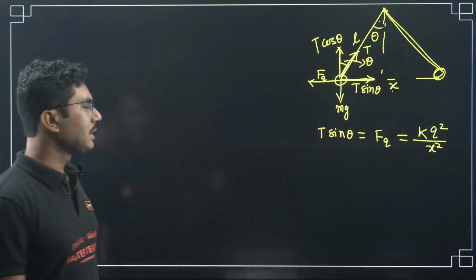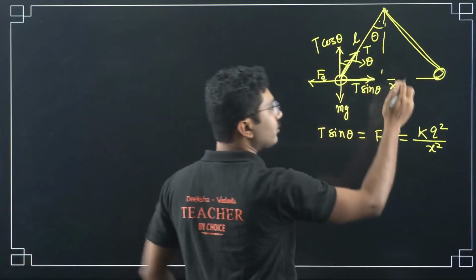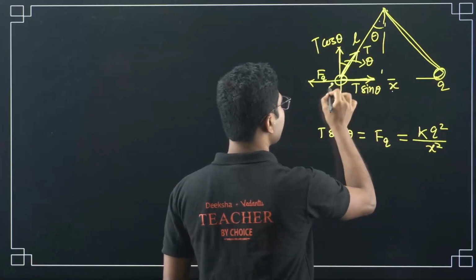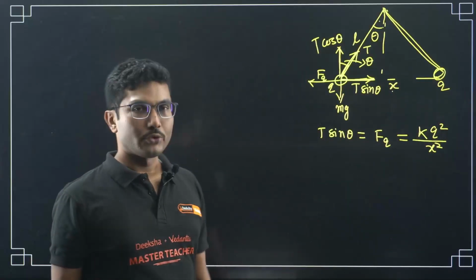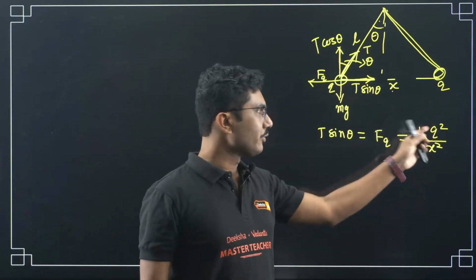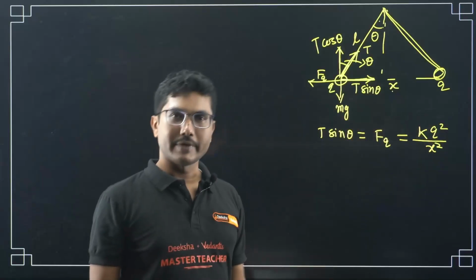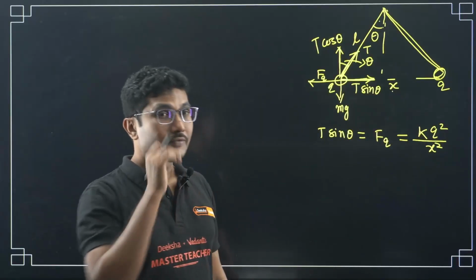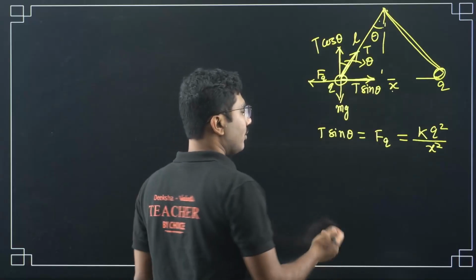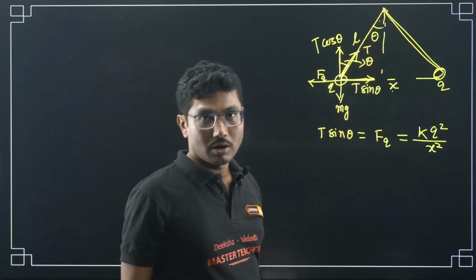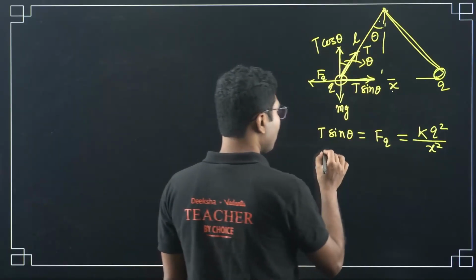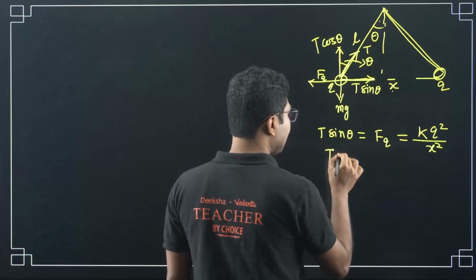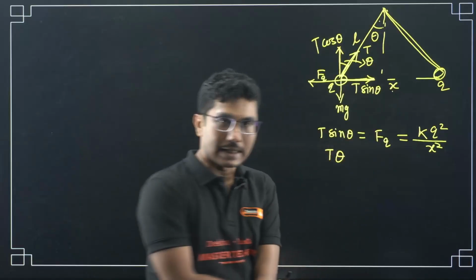Coulomb's law, simple Coulomb's law, two charges q and q are over here. So K q1 q2 by r square, both are the same, so q square divided by x square. So this is the first part, T sin theta. Now as the angle is small, we can write this as T into theta. Theta is in radians.